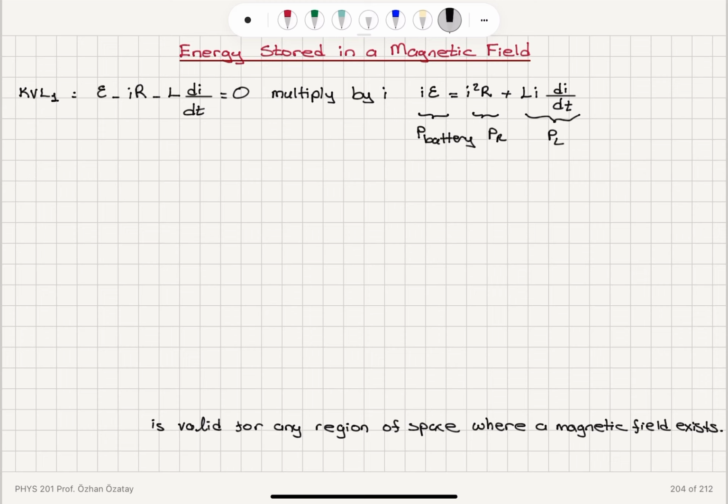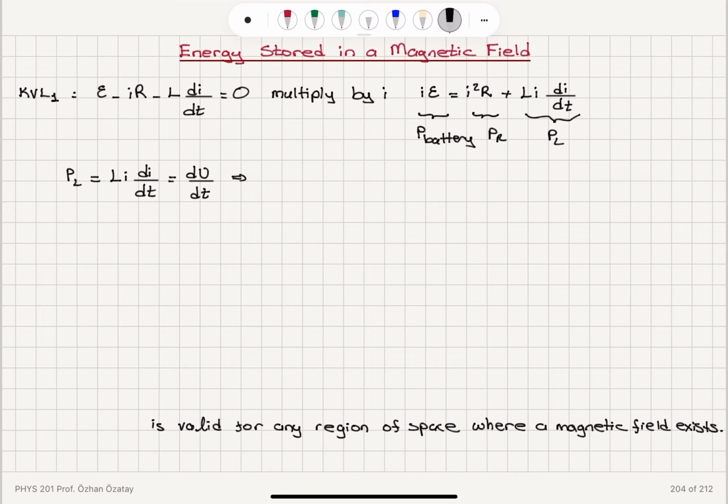So if you can see that from this power equation, power on the inductor is L I di/dt, and this is the rate of change of potential energy, dU/dt.